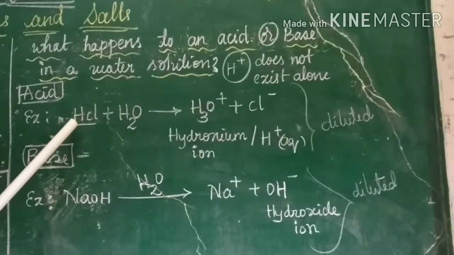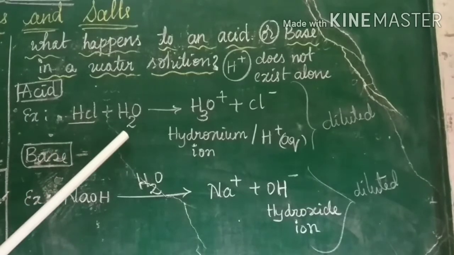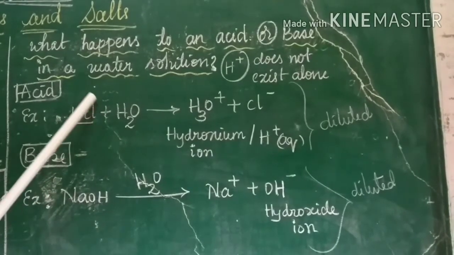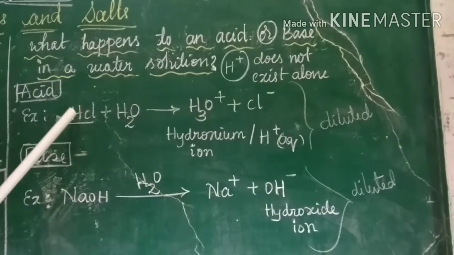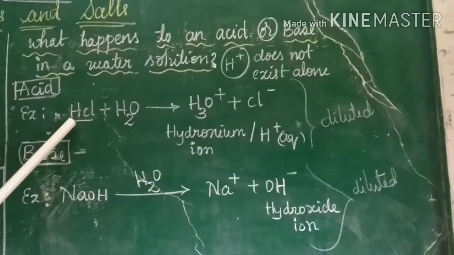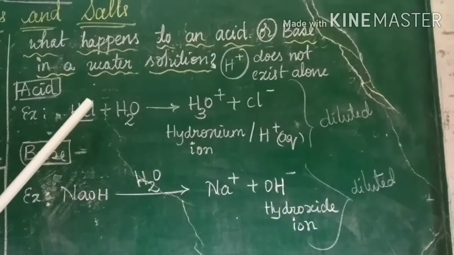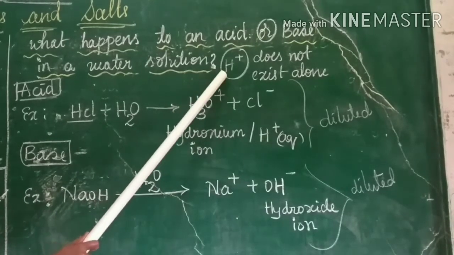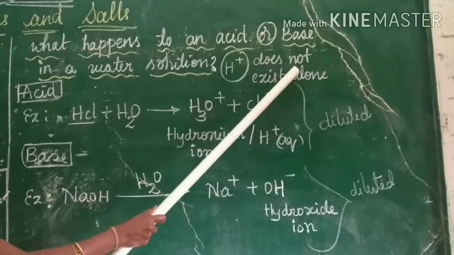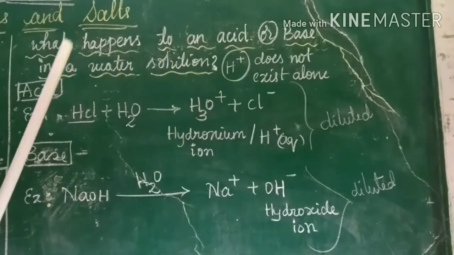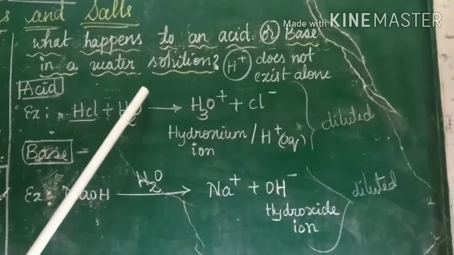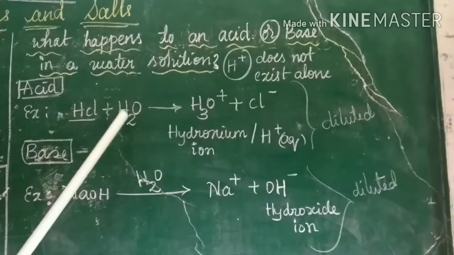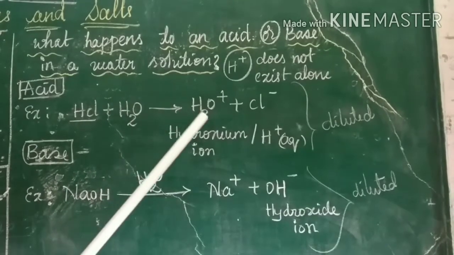Hydrochloric acid shows acidic property only in water solution. Dry HCl doesn't show acidic property. This is because the hydrogen ion does not exist alone. The hydrogen ion needs a water medium to show the acidic property.